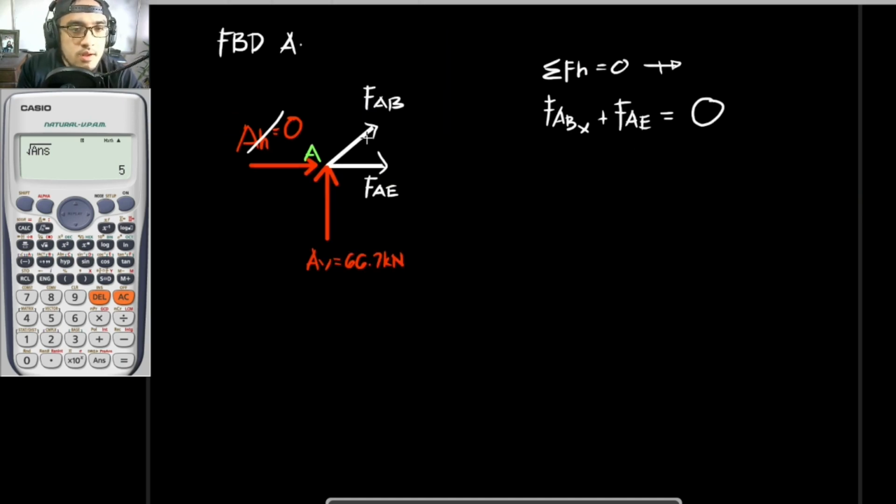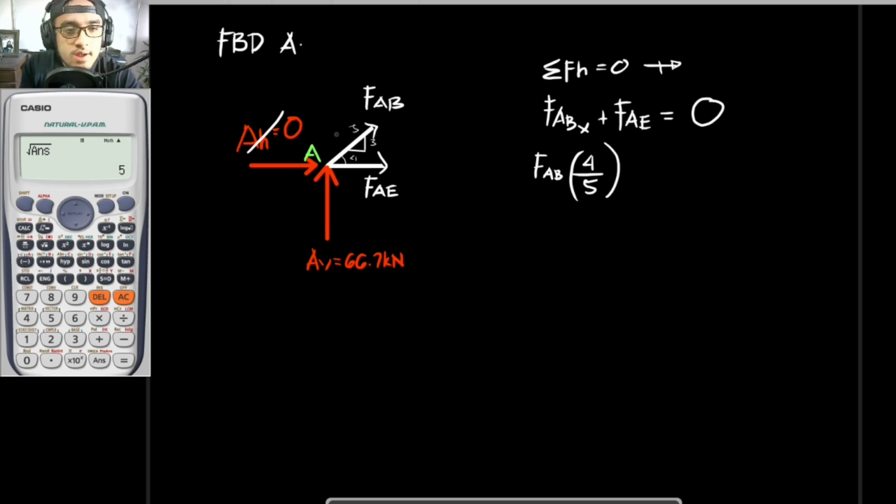So if the slope is 3:4, you can use these values to solve for this angle, or you can just directly use this. So FABX is equal to FAB times 4/5, where 4 is the adjacent side and 5 is your hypotenuse.